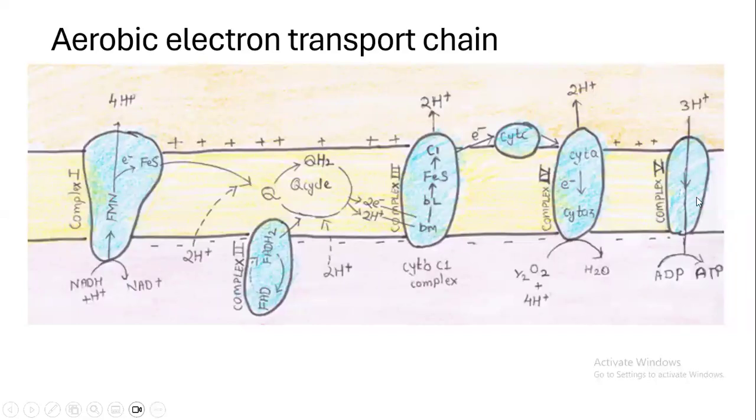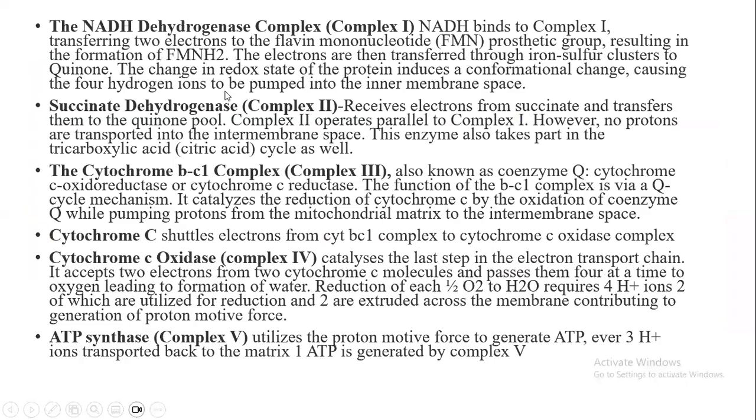So complex 5 can transport 3 H plus ions back into the cytosol and utilizes this for synthesizing one molecule of ATP, for 3 H plus ions that are shuttled across the membrane. The same points are mentioned on this slide for your reference.